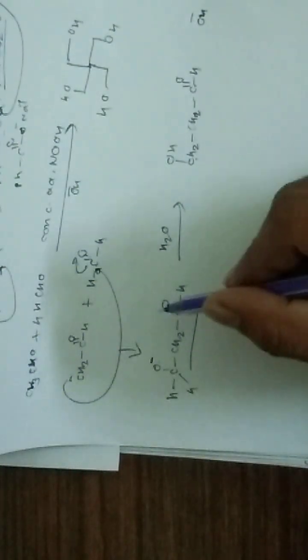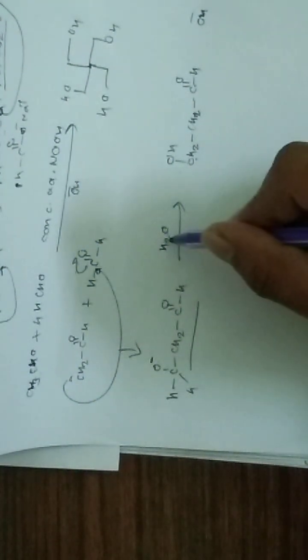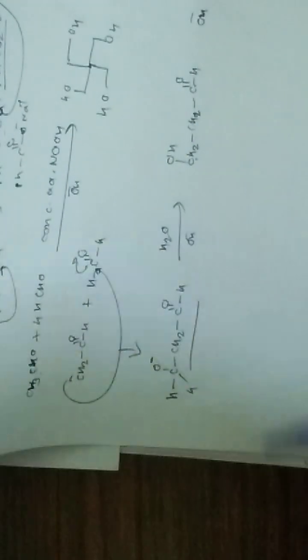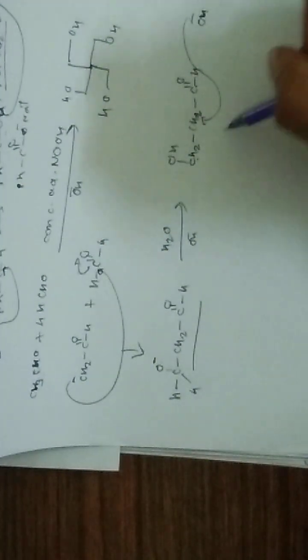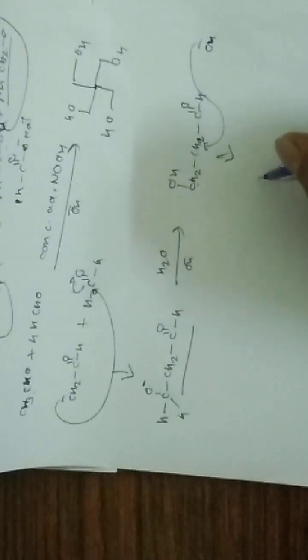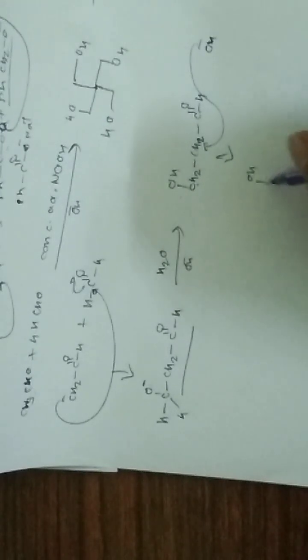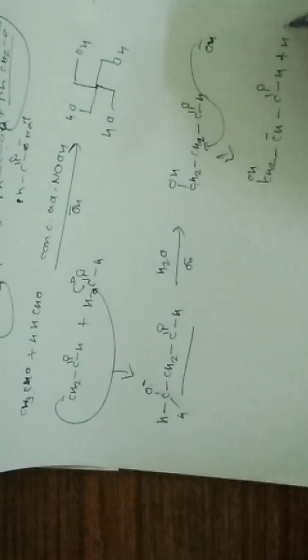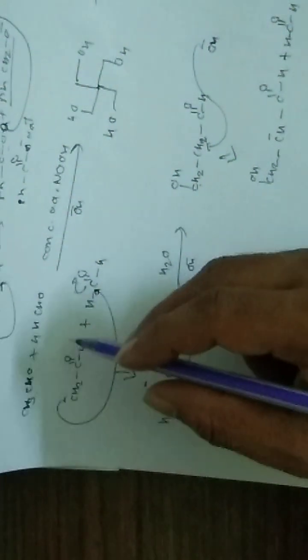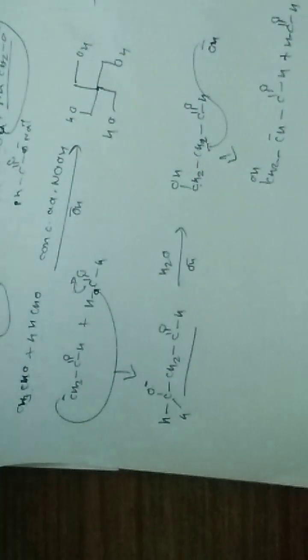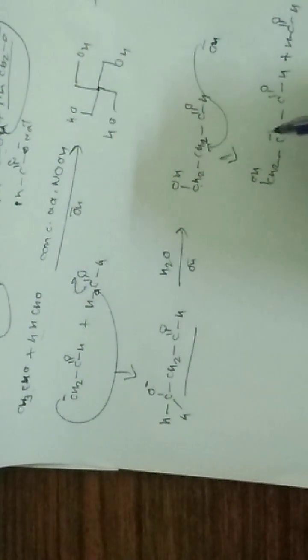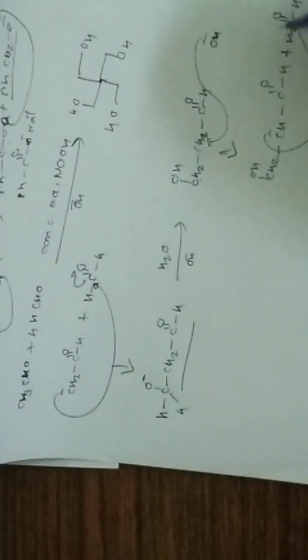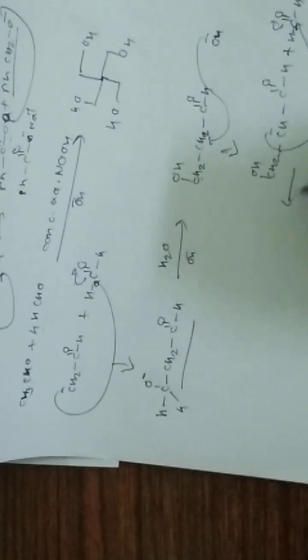Let's see here, this O minus takes a proton from water, and OH minus is formed again. This again takes the acidic proton from here. What is formed here? OH, CH2, CH minus, C double bond OH, plus another molecule of formaldehyde. Here a total of 4 molecules of formaldehyde is mentioned in the reaction. So this will attack that carbonyl carbon, this bond will open.